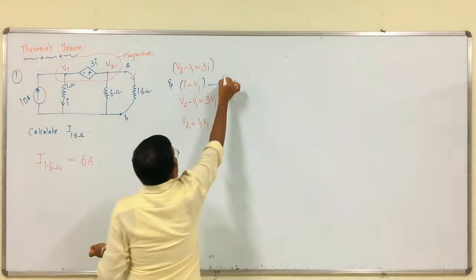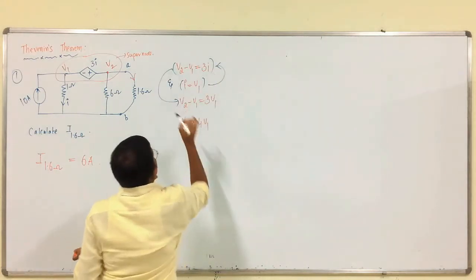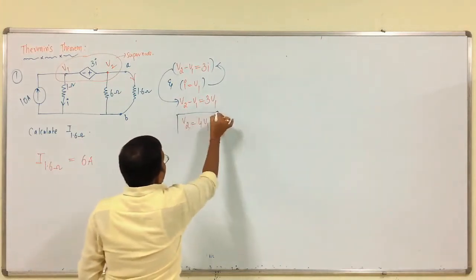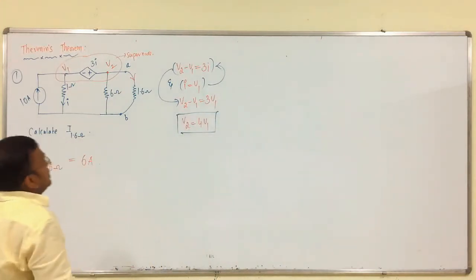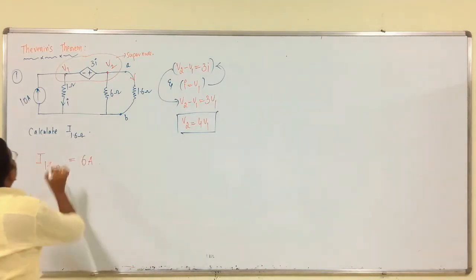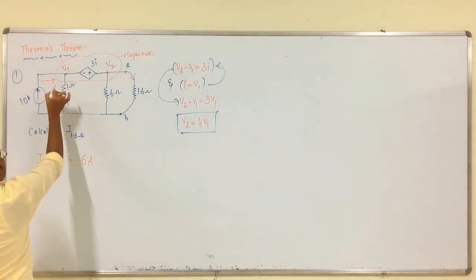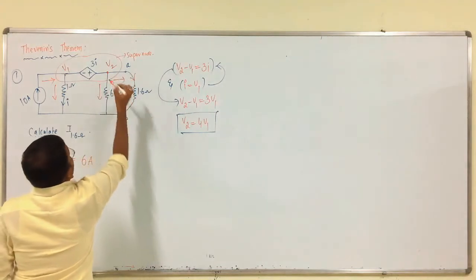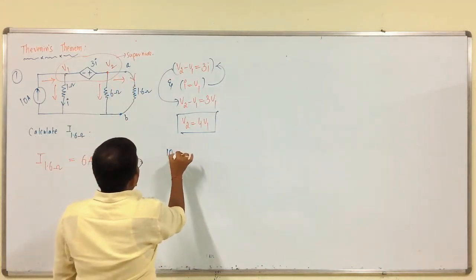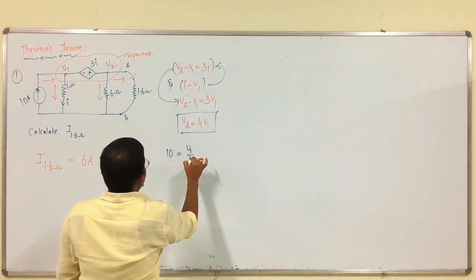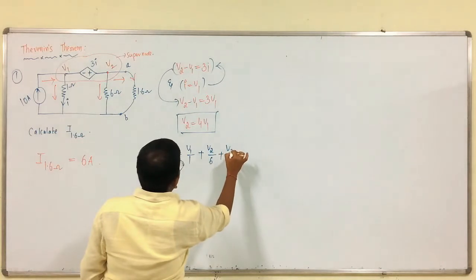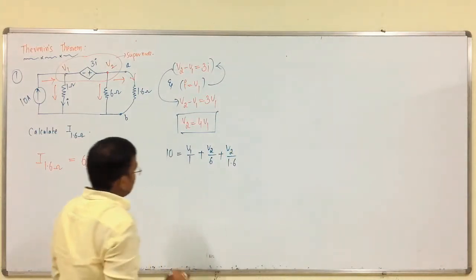So substituting I equals V1, this equation is like this, V2 minus V1 equals 3V1, finally V2 is equal to 4V1, that is it. Then apply nodal analysis, this is entering, leaving, leaving, leaving, right. Therefore, 10 is entering, V1 by 1 plus V2 by 6 plus V2 by 1.6.